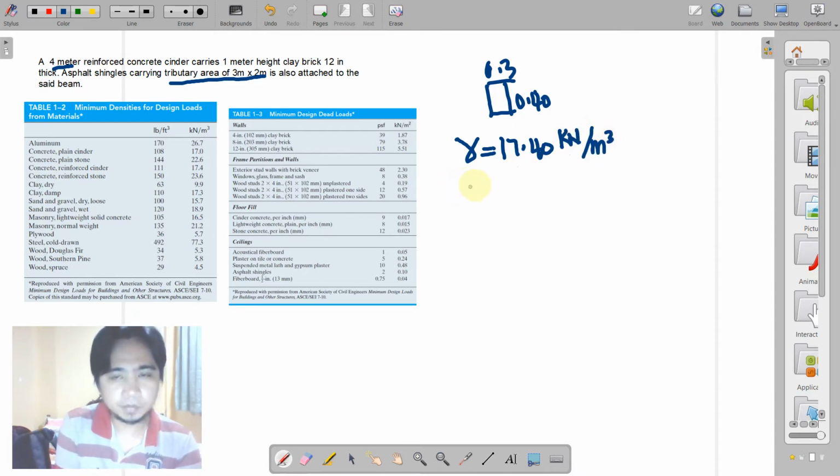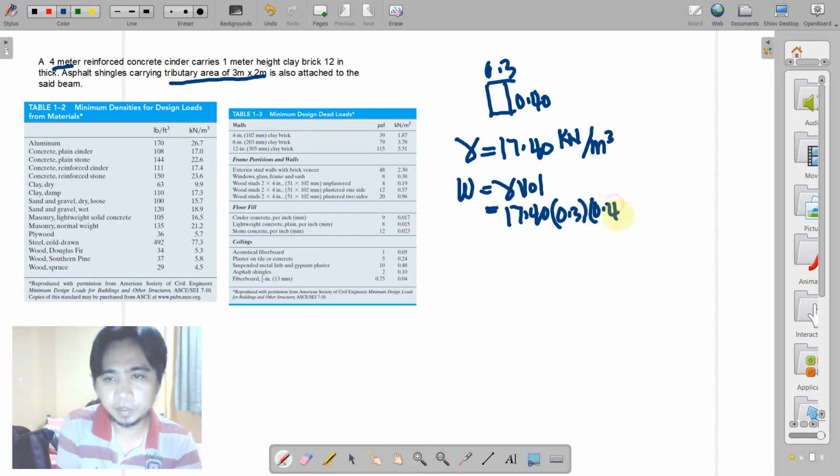From that, we can now determine the weight, because the weight is simply equal to gamma times the volume. We have 17.4 times the volume, which is length times width times height, or 0.3 by 0.4 times the 4 meter length.